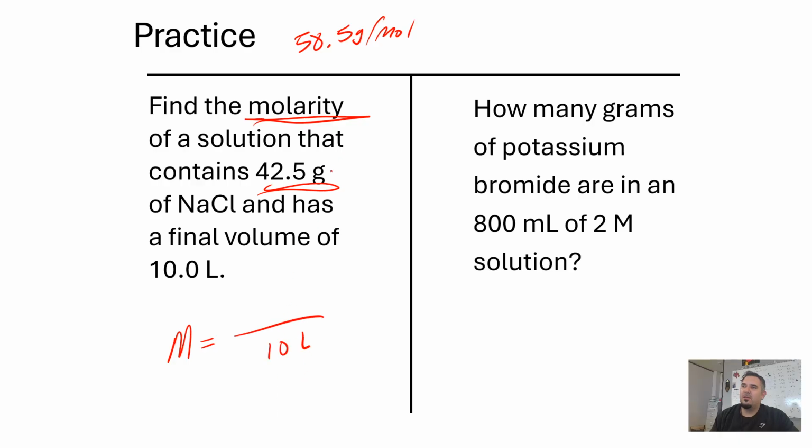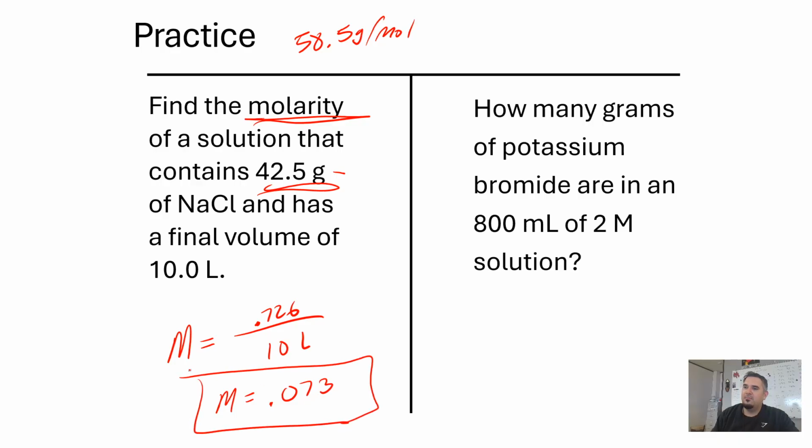We can't plug in our grams though, we have to convert to moles first. So we do 42.5 divided by 58.5, and that gives us 0.726. Then we divide this by 10, and that gives us a molarity of 0.073 if we round it, and that's the molarity of our solution.